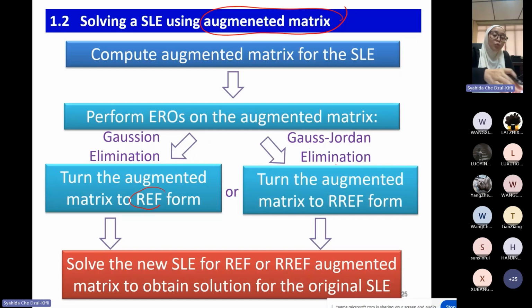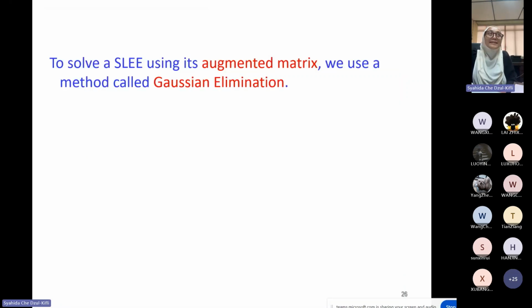Okay, so to understand these steps, we need to understand some terms. So this is the recap. To solve a system of linear equations using its augmented matrix, we use a method called Gaussian elimination, as explained earlier.